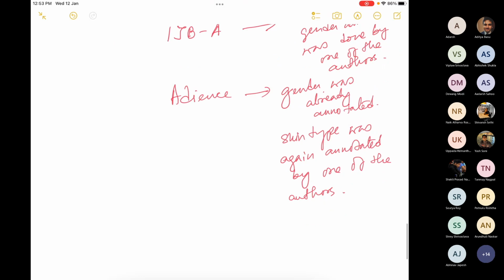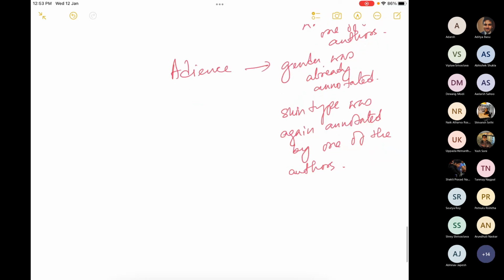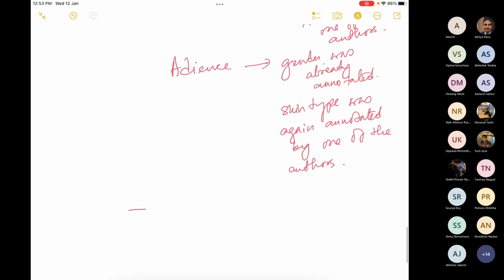Now, in order to have a little larger granularity of the analysis, the skin types were divided into two broad types, as I told you earlier.